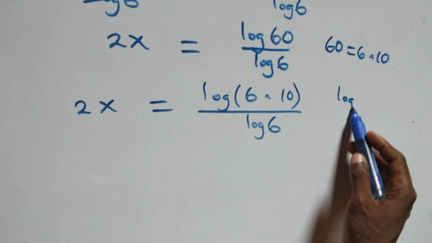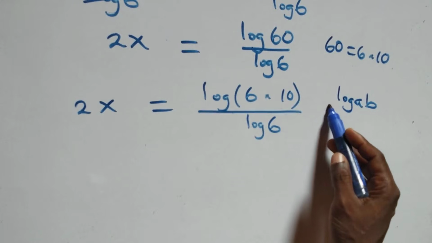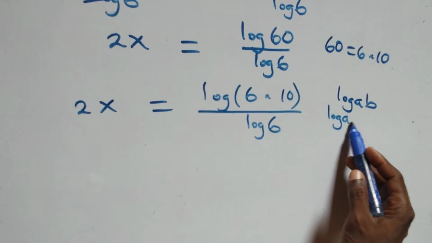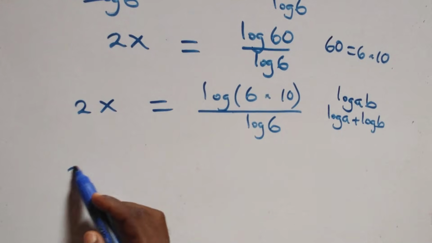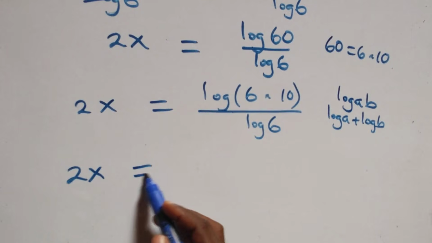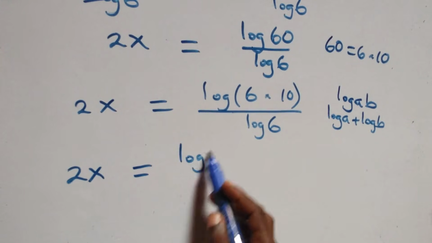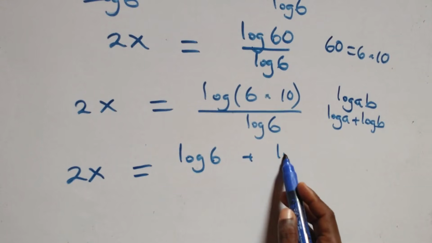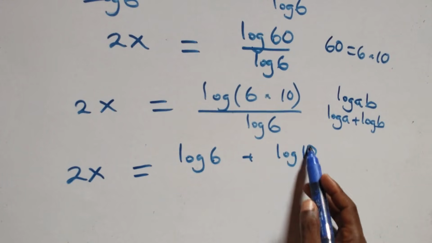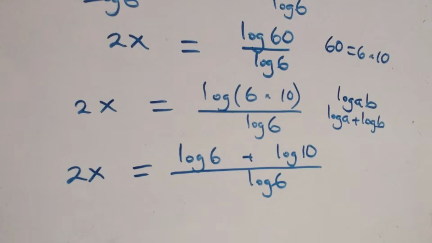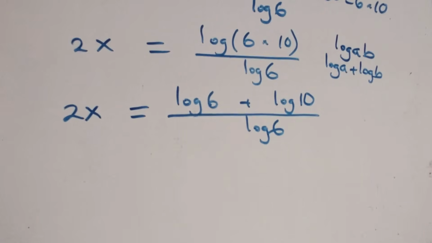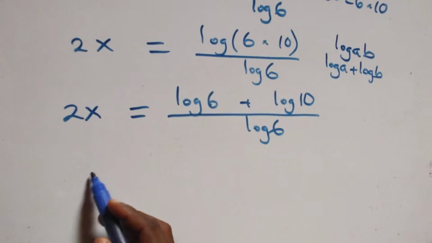We have log of a times b, which is the same thing as log a plus log b. Here we have 2x equals log 6 plus log 10, over log 6. From here, separate this into two fractions.